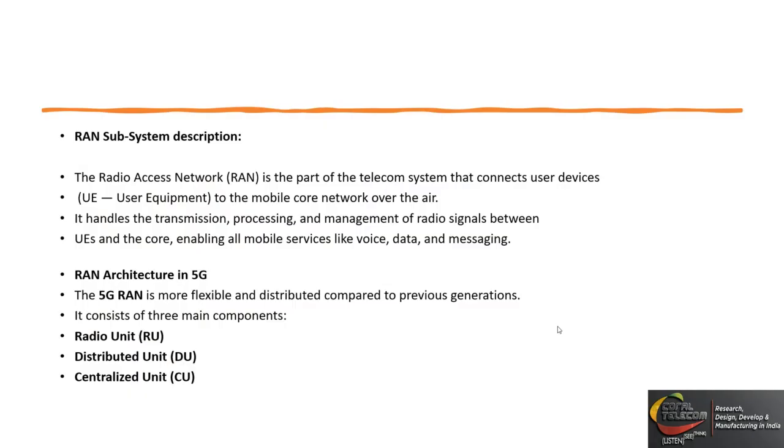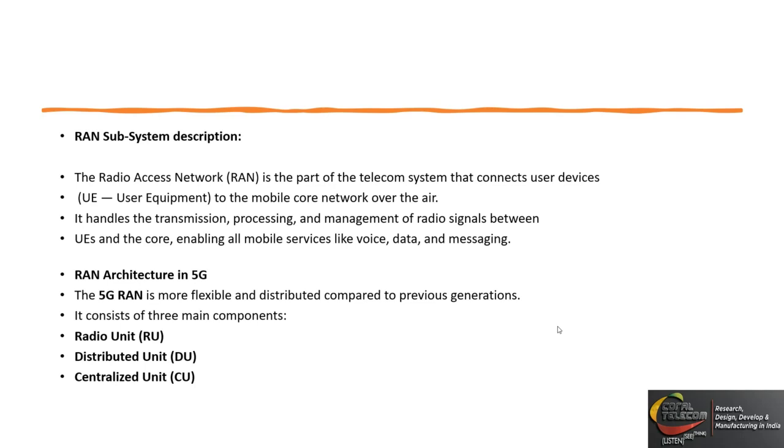Then the RAN subsystem description. The radio access network, RAN, is the part of the telecom system that connects user devices. Without the RAN, a wireless device cannot connect to the 5G network, so RAN plays a crucial role in the 5G network subsystem.